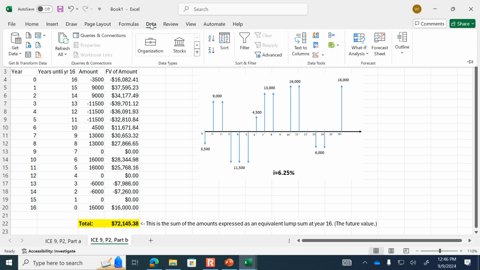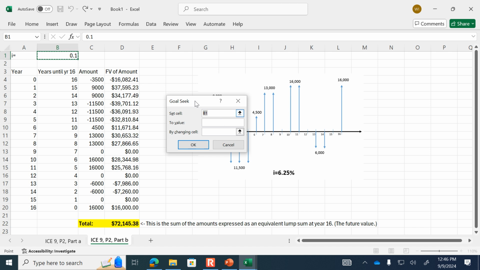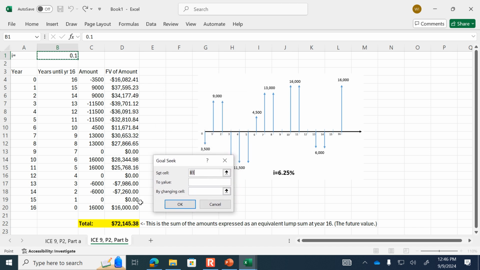We can do data, what if analysis, goal seek, and our approach is that we want to set this equal to 100,000 by changing the interest rate. And as soon as we click OK, it's going to play around with a lot of different values for the interest rate until it finds one that makes the target cell equal to 100,000.